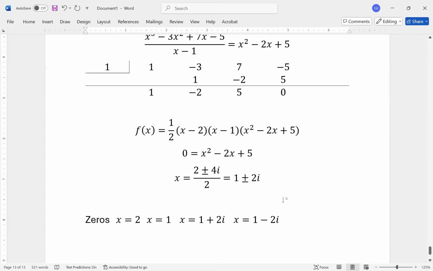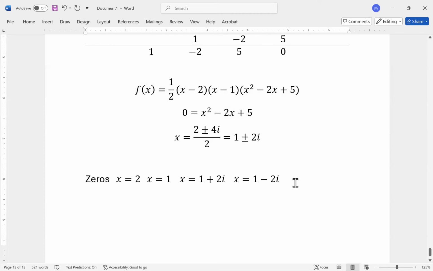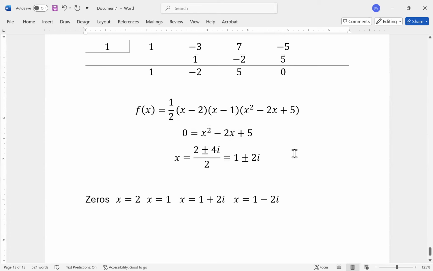So this is how we can utilize the rational zeros theorem along with some other tools like solving a quadratic equation to find zeros of polynomial functions.